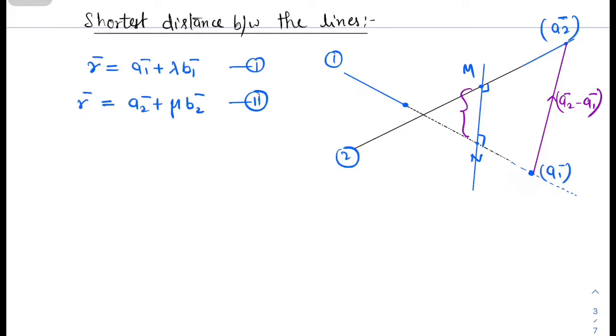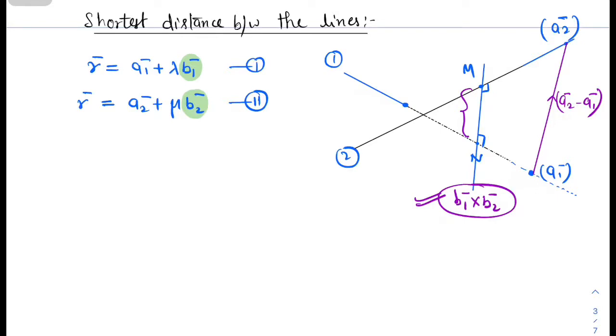You can easily see these parallel vectors b1 and b2. The cross product of b1 and b2 will be perpendicular to both, because b1 is parallel to line 1, b2 is parallel to line 2, and b1 cross b2 is perpendicular to both b1 and b2, and hence it becomes perpendicular to both the lines. So this MN line is basically perpendicular to both the lines, which is parallel to the direction of b1 cross b2.